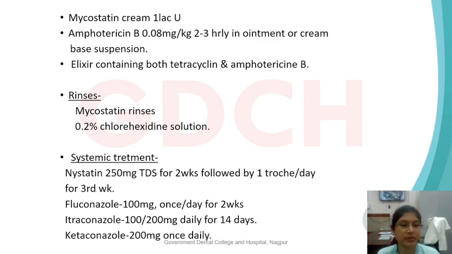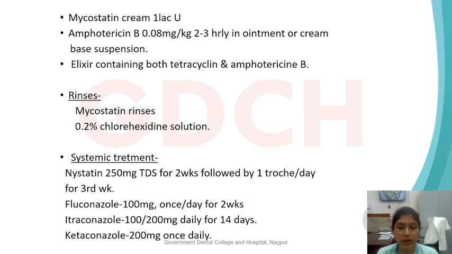Rinses are available in the form of nystatin and 0.2% chlorhexidine solution. Chlorhexidine has shown both antifungal and antibacterial properties. So even in oral candidiasis, 0.2% chlorhexidine solution can be advised.